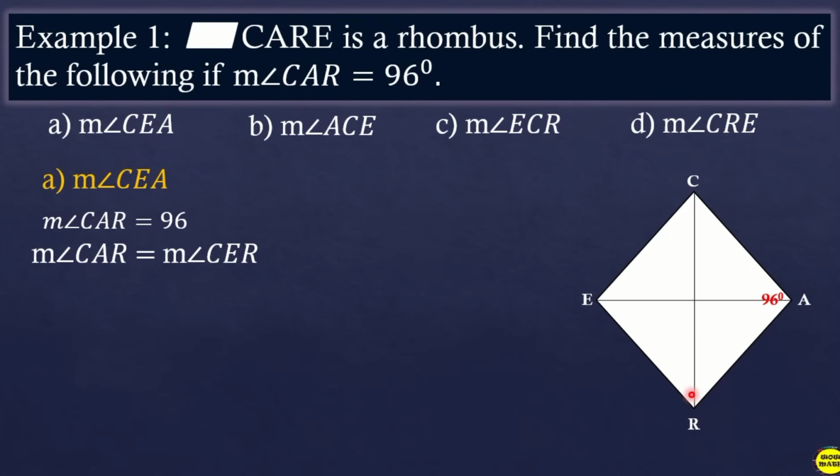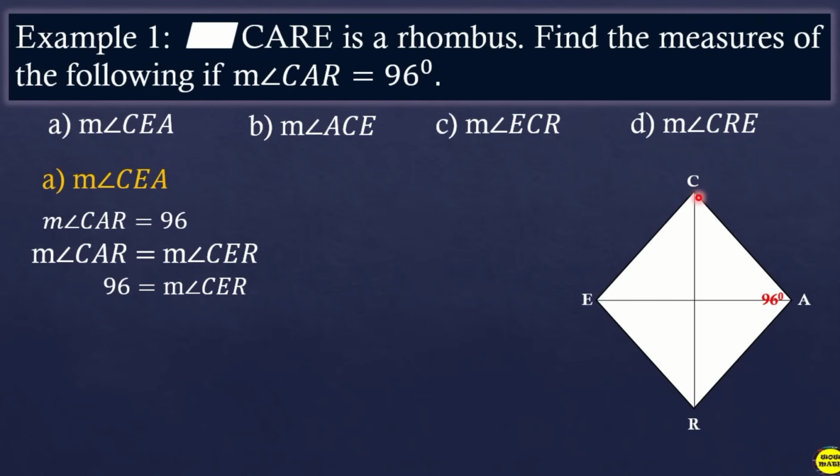So, si CAR is equal to CER. Bakit ko nasabing CAR is equal to CER? Kasi po, di ba, itong dalawa ay opposite angles and opposite angles are congruent. Okay. So, ibig sabihin, kung si CAR ay 96, ibig sabihin si angle CER is also 96.